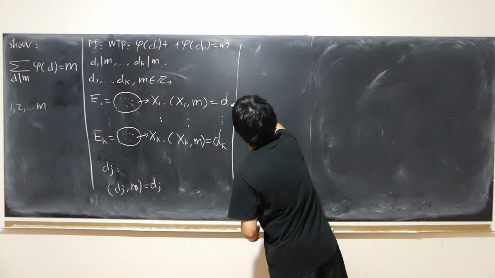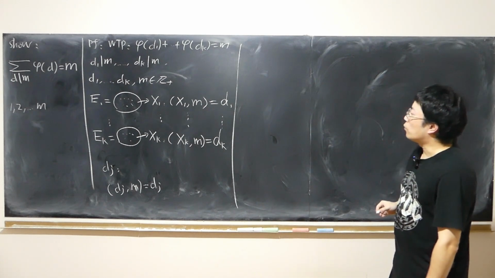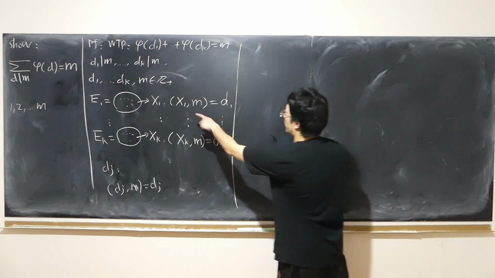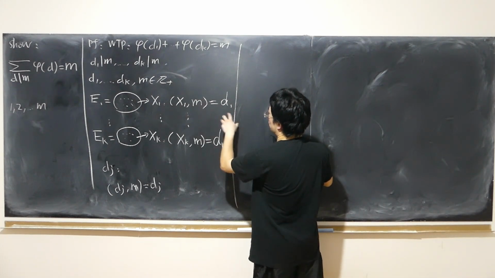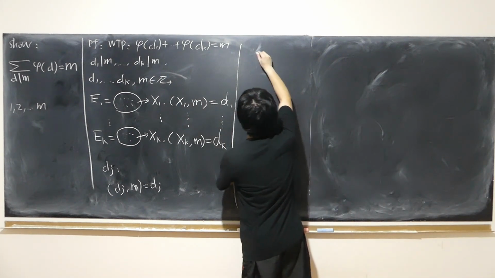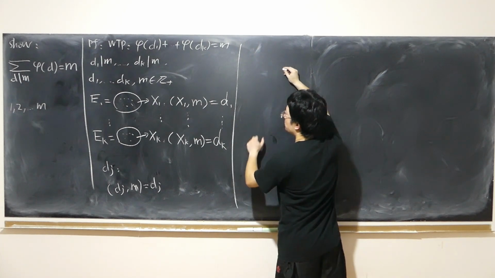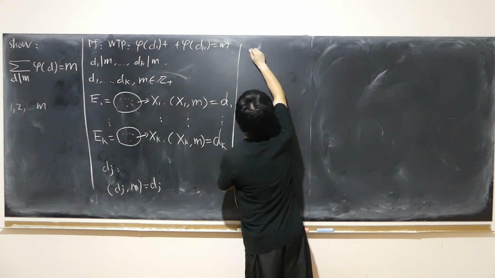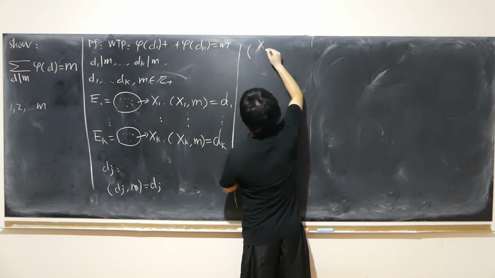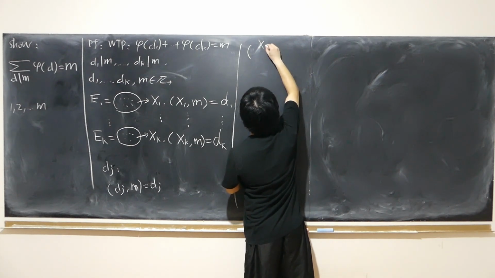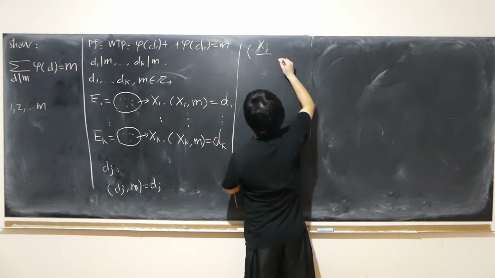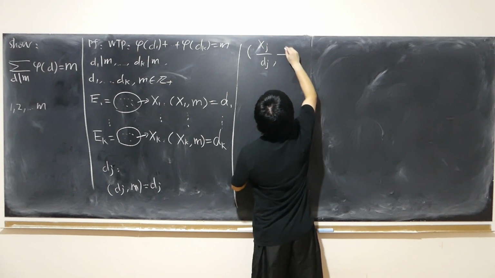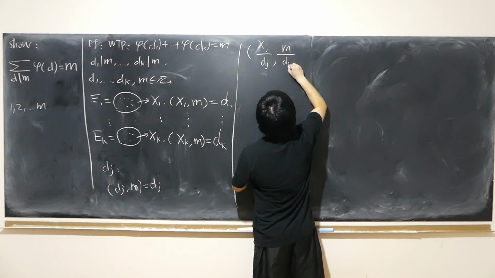Now, next, I want to look at what I have left after I divide x1 by d1 and m by d1. In general, I take xj divided by dj and m also divided by dj.